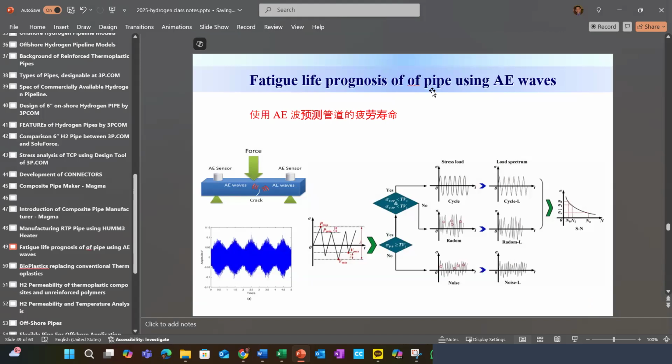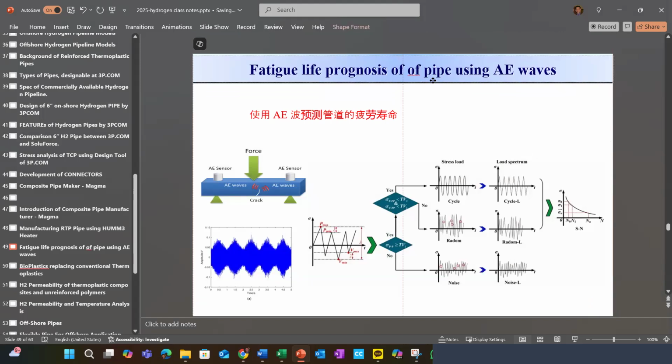Another very interesting topic regarding this pipe is the health monitoring system. It means that a sensor can be attached to a structure, for example a pipe, and whenever an excessive load is applied or some cracks are generated inside the pipe, we can have sensors to detect such damages.